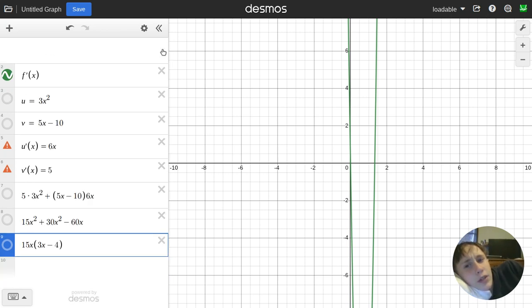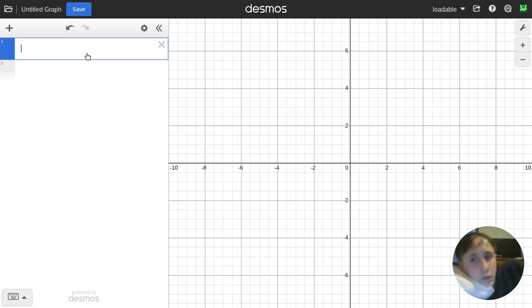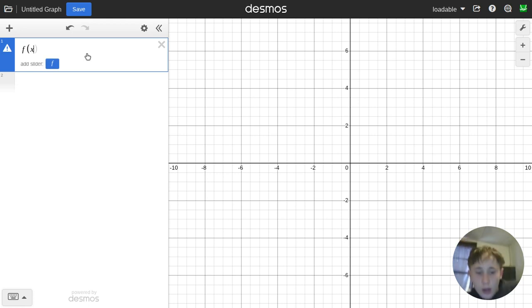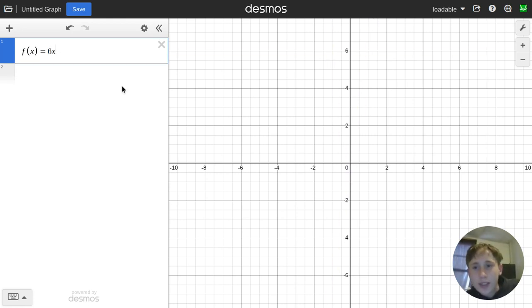But that doesn't really use the chain rule, so we're going to make a little bit of a harder one. So if we have f(x) equals 6x to the third times (5x plus 1) squared.